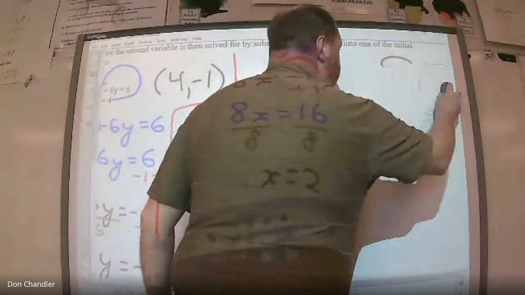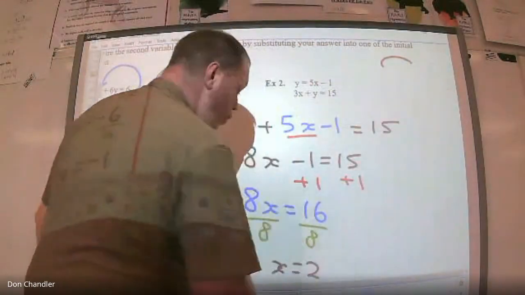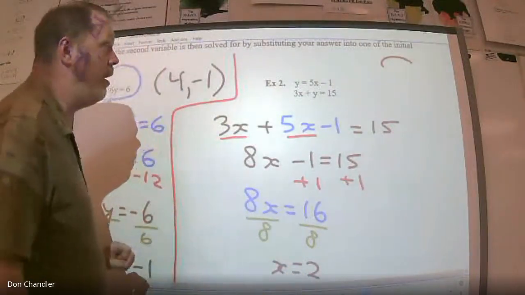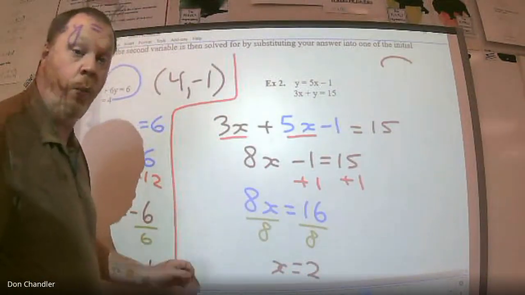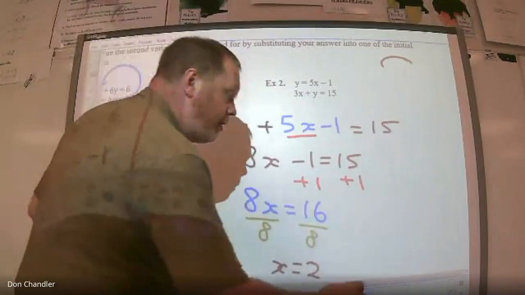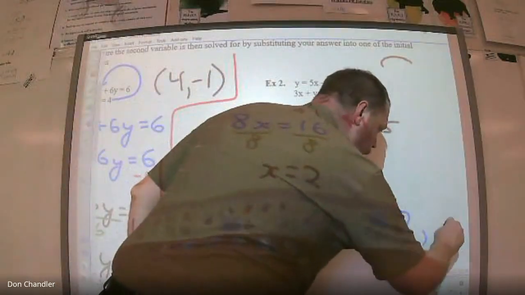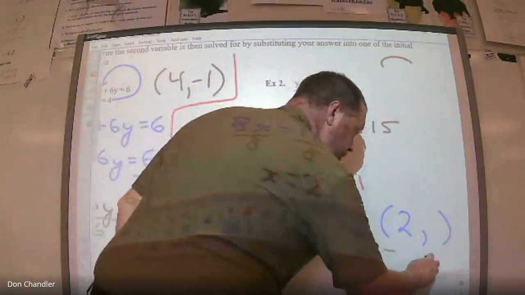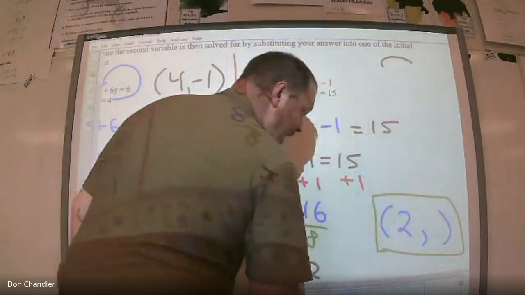Now, let's be honest. We now know that x is 2. We have to get the y. I know that my answer is (2, something). I don't know what the y is yet. I need to get the y.